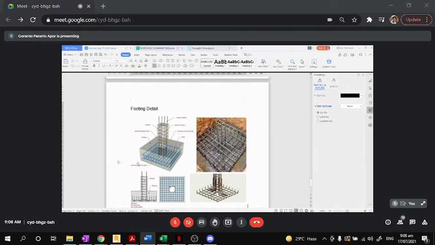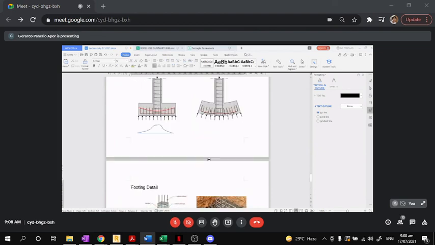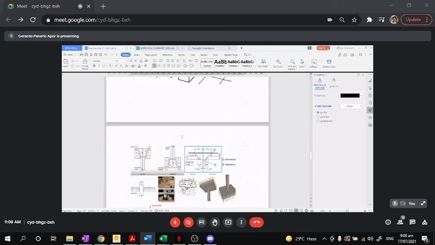Then step 2, you get the thickness. In step 3, you get the reinforcement. So, you can now have the plan and elevation of your footing with width, with thickness, and the number of bars. So that's how you are going to design a footing.